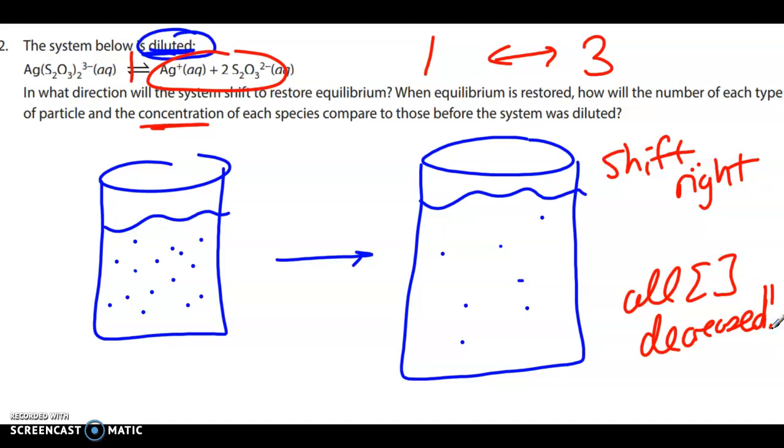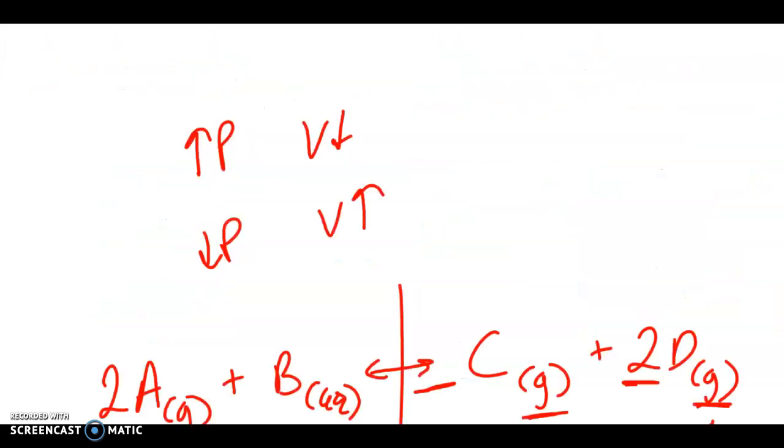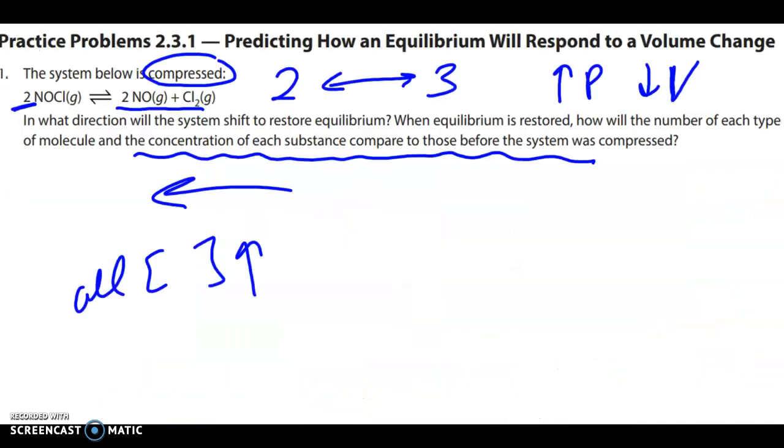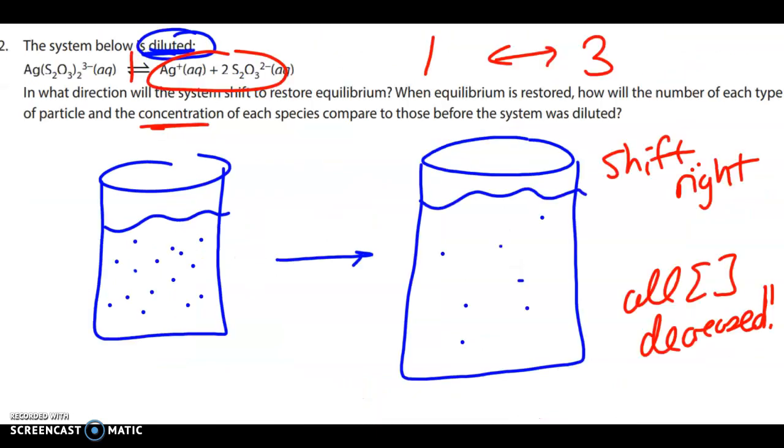Okay, so if you give it more space, you're going to cause a shift, but all the concentrations will decrease. Some more than others, obviously, but in general, they're going to be lower than what they were before. If you were to give it less space, so going back to this one, you're going to, in general, have higher concentrations because the per unit area or the volume amount is less, right? So you're going to have just naturally higher concentrations.